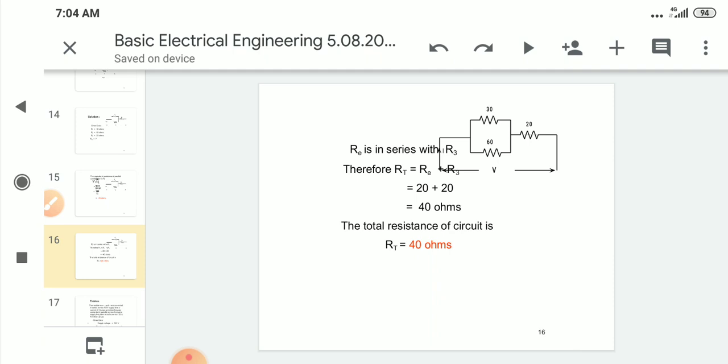So these types of benefits are added when we replace the resistances with a simple equivalent resistance. That's why we have to learn to calculate the equivalent resistances.